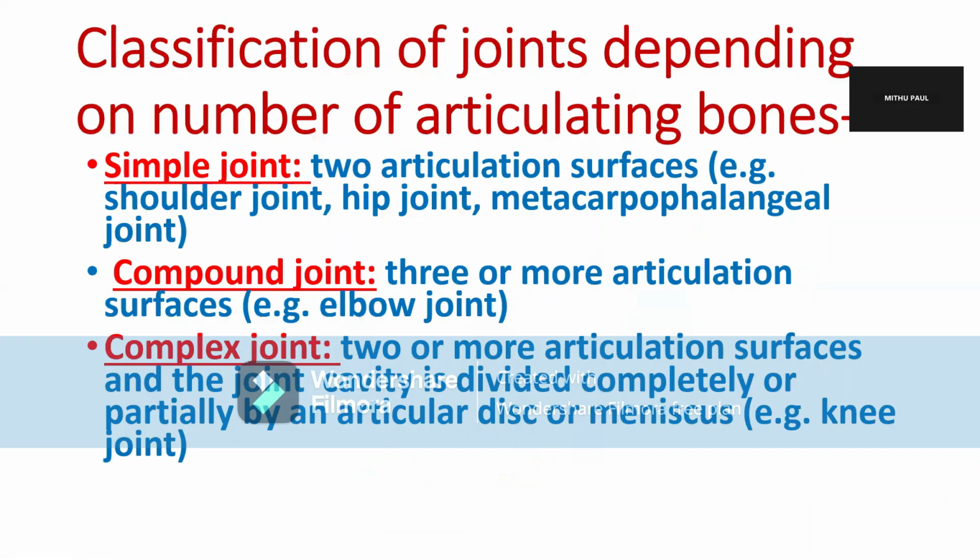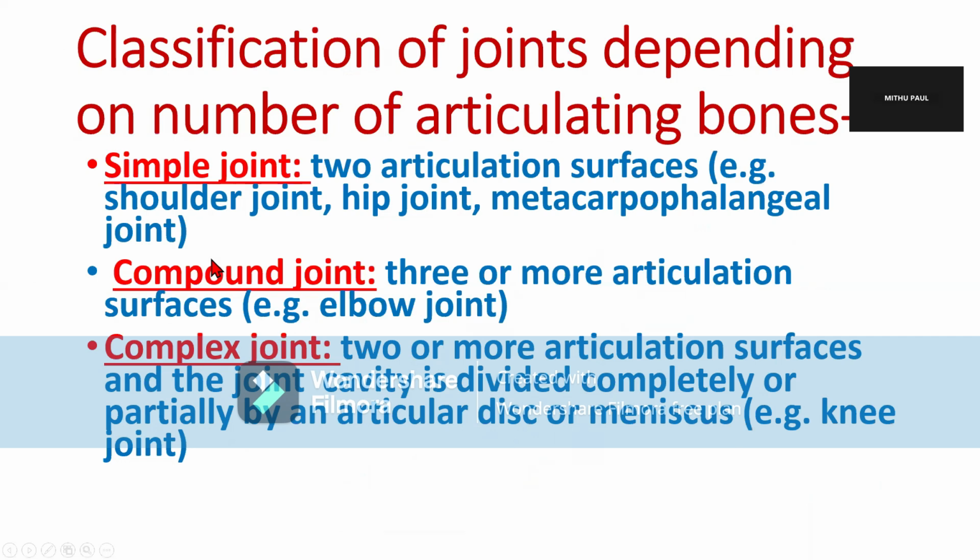Now coming on to the classification part of the joint. Joints may be classified in different ways, one of which is as per the number of bones coming to form the joint. As we have said, the joint can be formed by two or more than two. Depending on that, it may be a simple joint when two bones via their articulating surfaces are meeting one another.